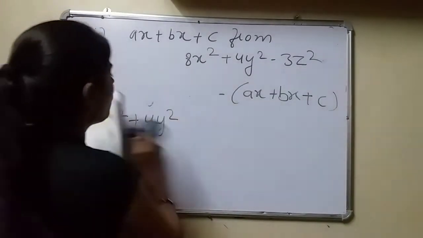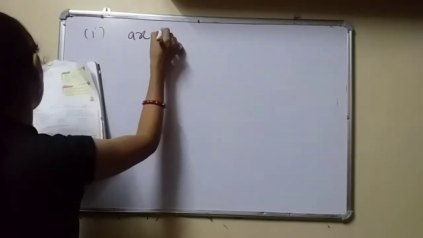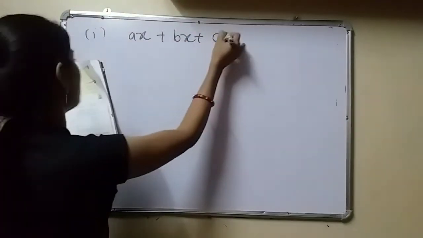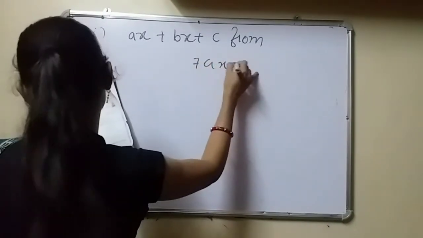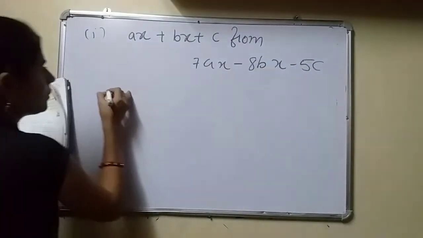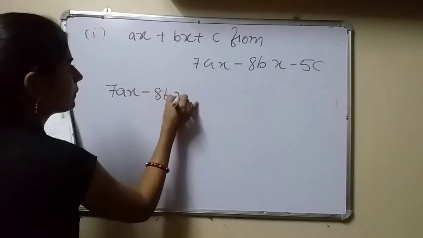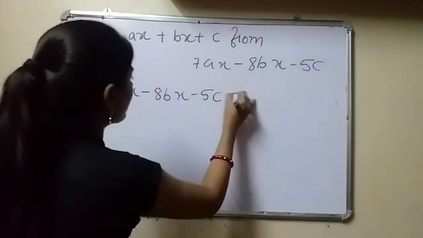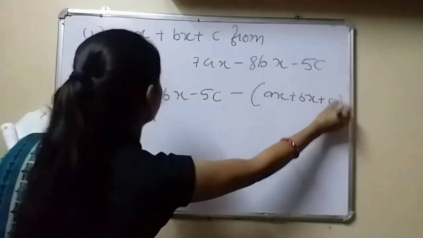Sorry, I have written the wrong question here. Subtract ax plus bx plus c from 7ax minus 8bx minus 5c. So 7ax minus 8bx minus 5c minus (ax plus bx plus c).